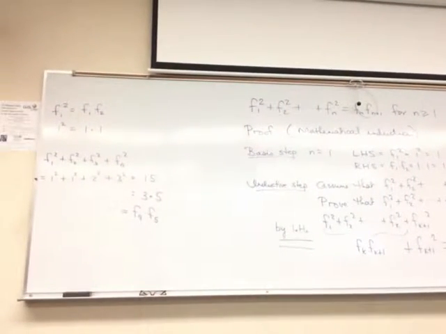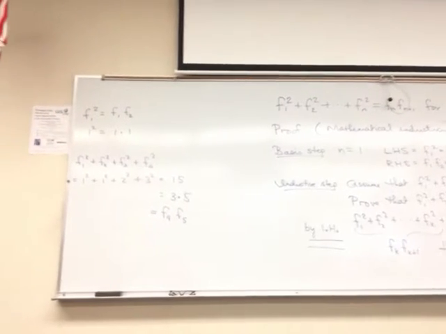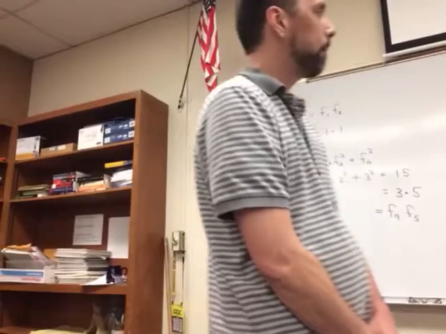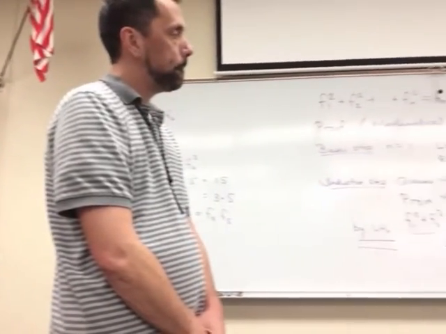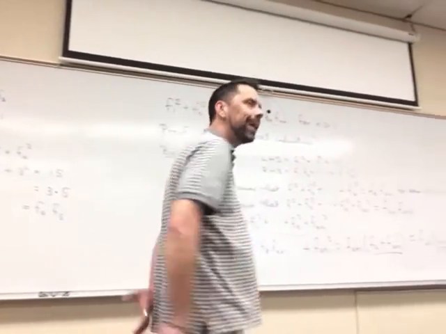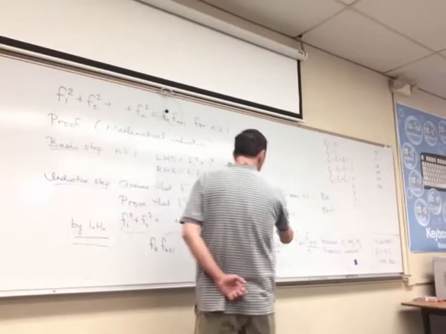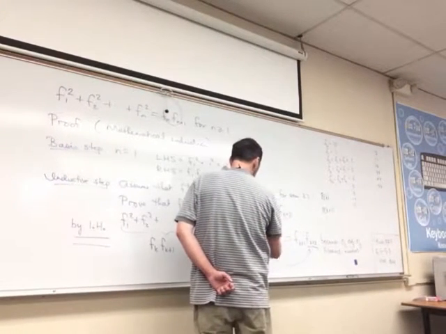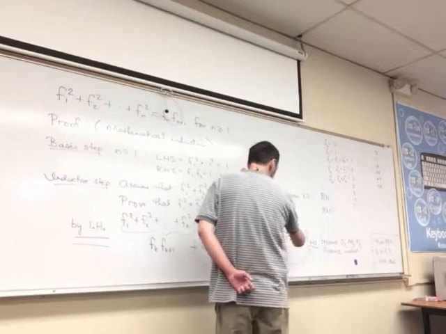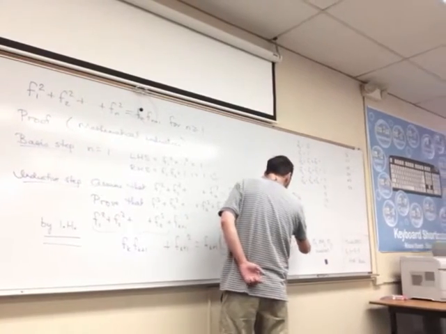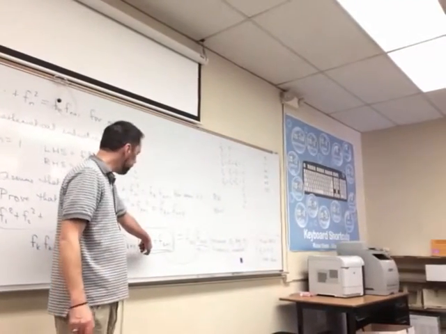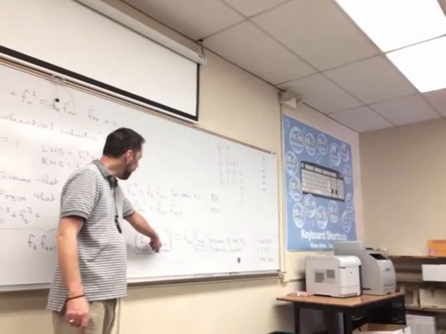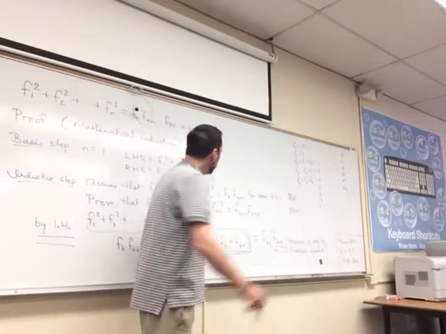Let's see. Is that all I have? That's it. So how was it proven? By the definition. Where was the definition used? By saying that this is equal to this, because this is the kth Fibonacci number and this is the k plus first Fibonacci number.